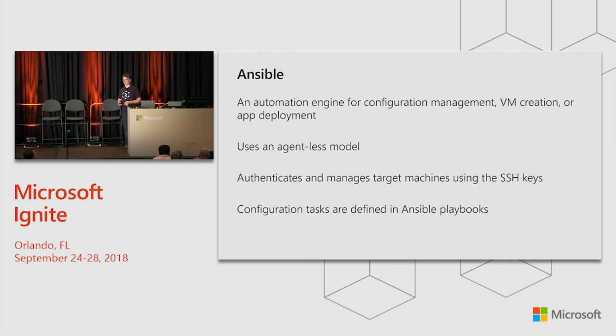Another tool that I want to mention is Ansible. You can use Ansible for infrastructure provisioning, but also for configuration management of your VMs or just ad hoc commands that can run against those machines. One of the best things with Ansible is that it is agentless, so you don't need to install anything on your targets.